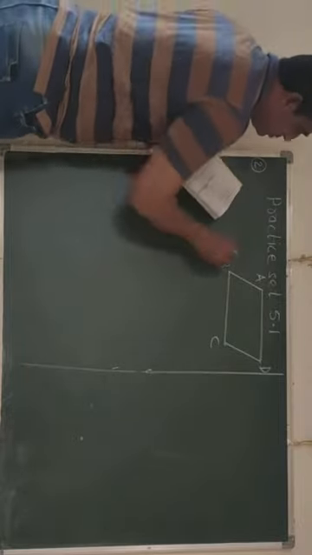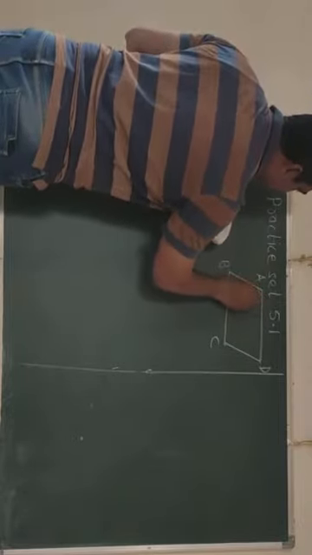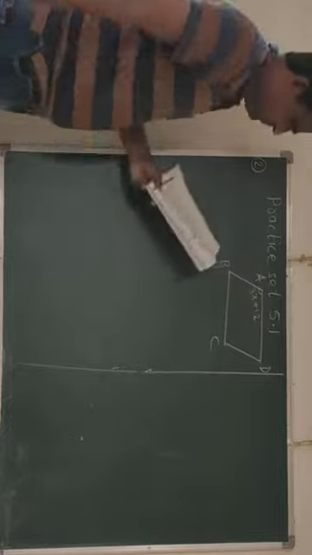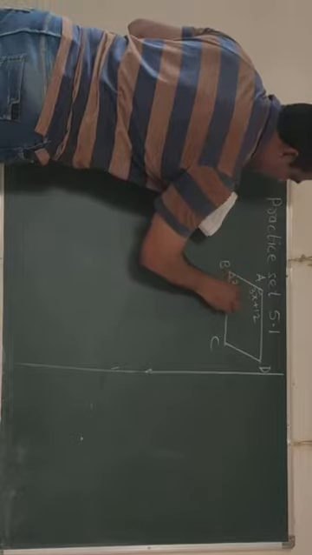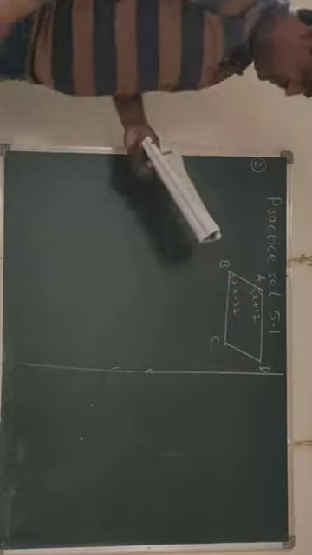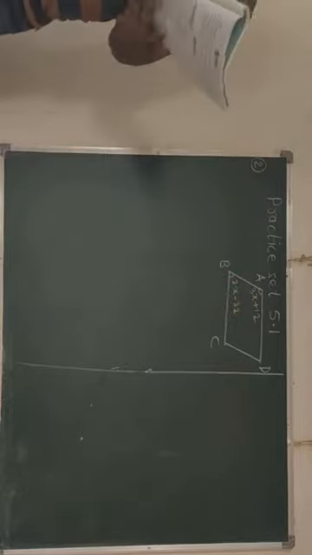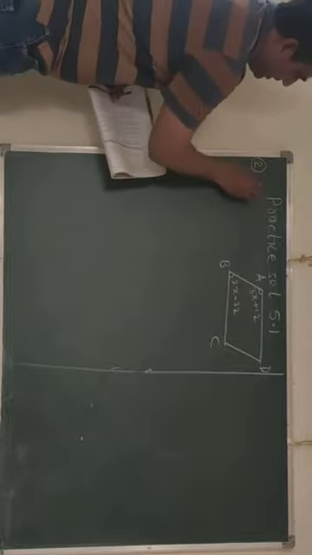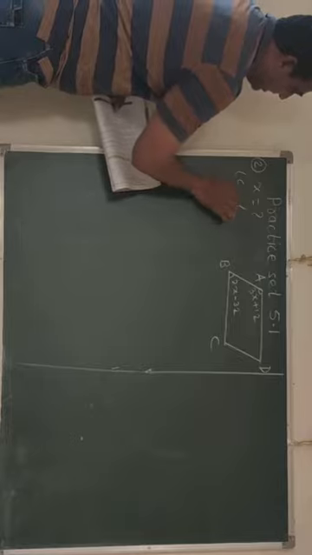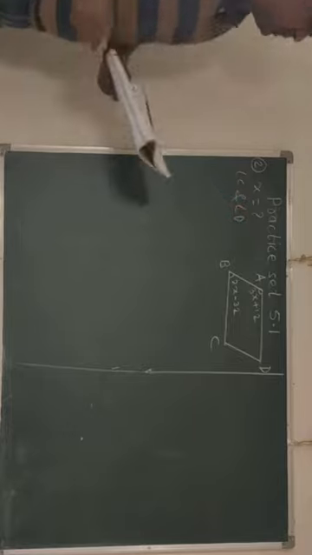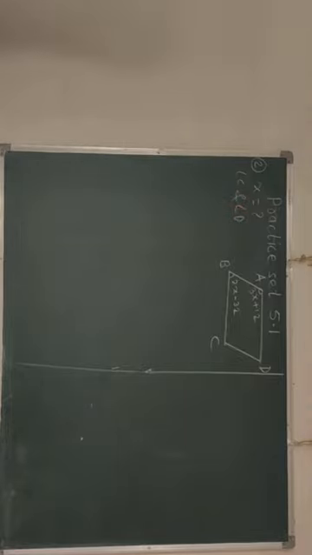Angle A equal to 3x plus 12 degrees, angle B equal to 2x minus 32. Then find the value of x. So first of all, you want to find the value of x, and then you want to find angle C and angle B. You are given that quadrilateral ABCD is a parallelogram.